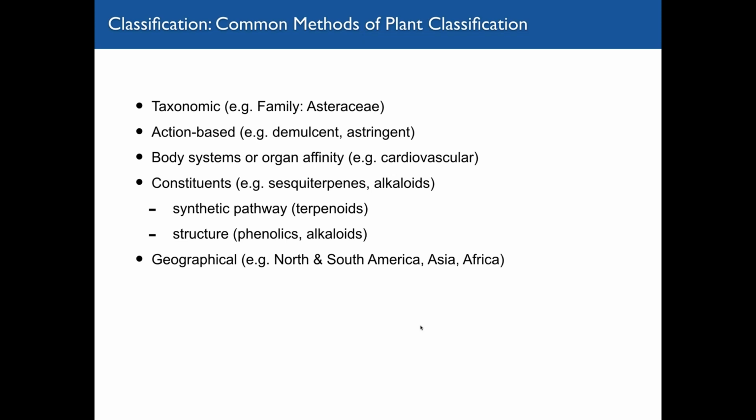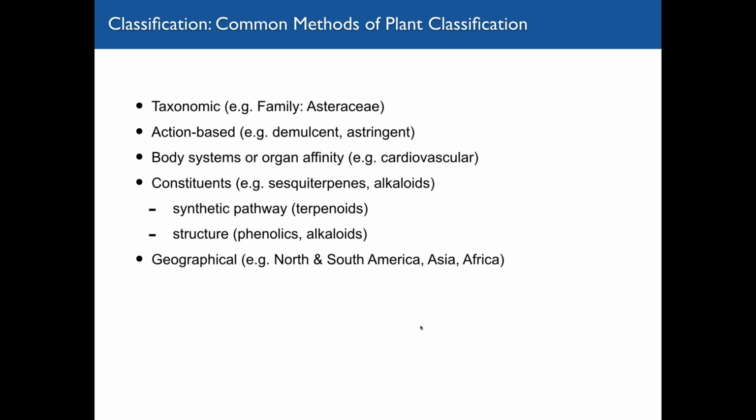Another way that we can organize herbs is based on the system they belong to. This is a little bit less specific than the action. So it could be the cardiovascular system, and maybe a group of herbs go into that. Often books are divided into chapters based on the system, and then within the system, it can be further divided based on action.